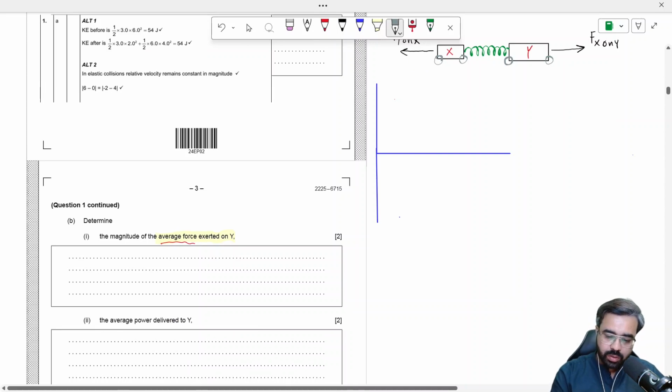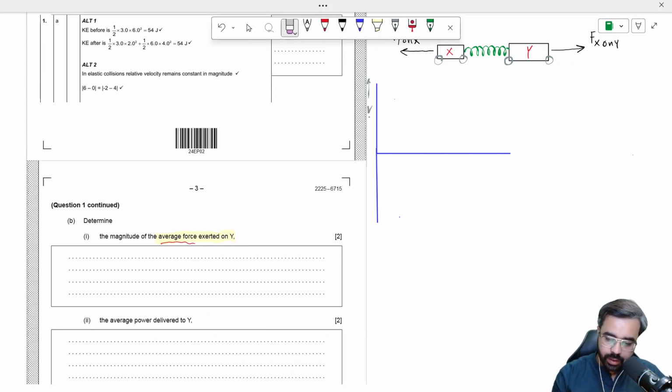Let me show you. Students, we are taking velocity on the y-axis and time on the x-axis, right? Right now I'm just showing you the graph for one card, card y. How is its velocity changing at this point?